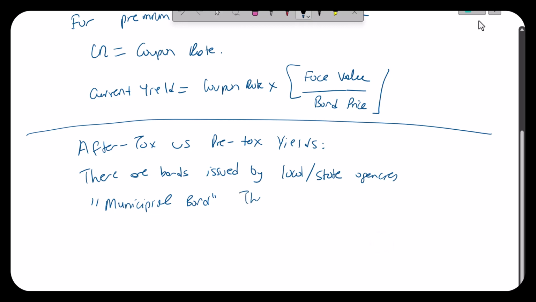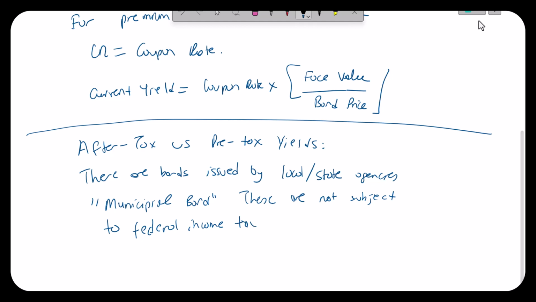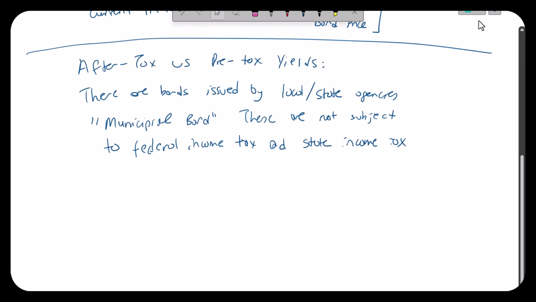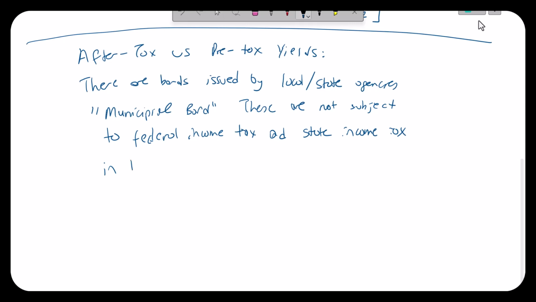These are not subject to federal income tax and state income tax in states that issued those bonds.